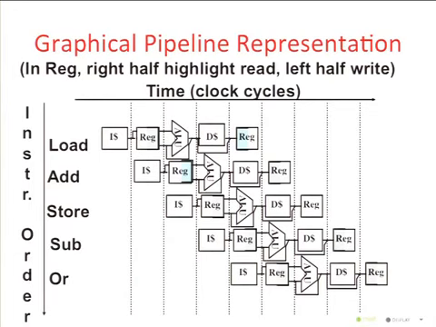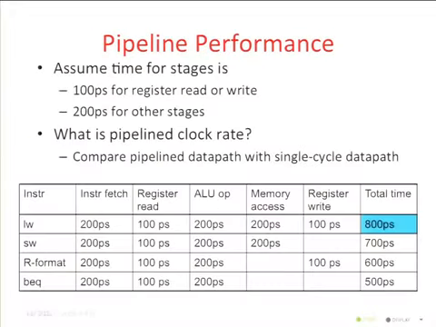All right. So last time we looked at this picture and we said, okay, if we were doing what we were doing originally, the single cycle processor, there was no pipelining, and so this is the cost of doing a load. This is the cost of doing a store. This is the cost of doing an R format instruction, and so on.